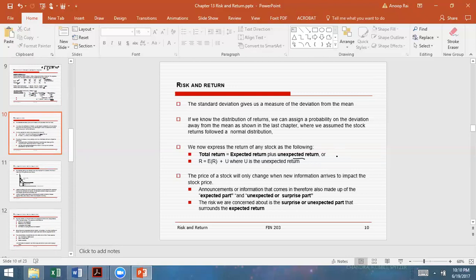By definition, it's an expected return. So we can write total return as what we expect based on our probability model, plus U, a component that will be up or down by a certain percentage.